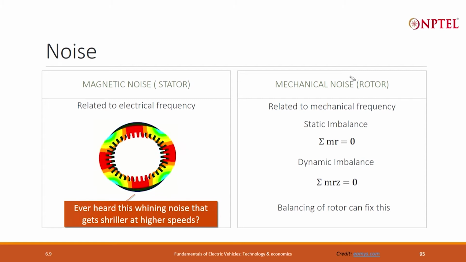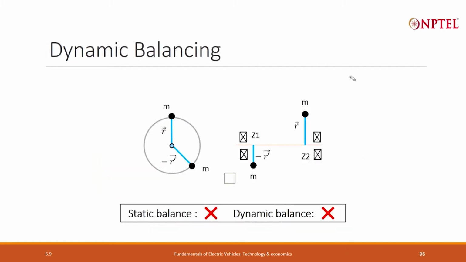And let us understand a little bit what this mechanical balancing is all about. I am looking at a rotor, this is the cross sectional view, and it is everywhere else uniform, but there is an extra weight here and an extra weight here.